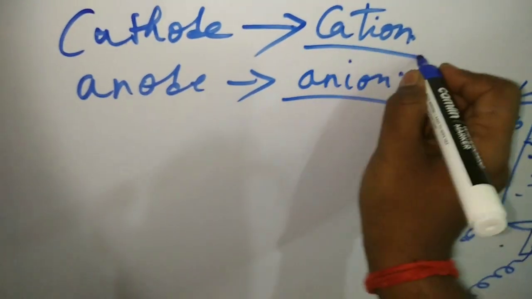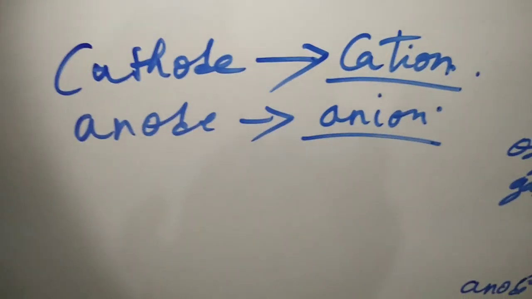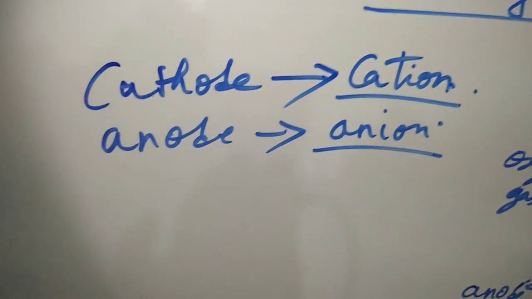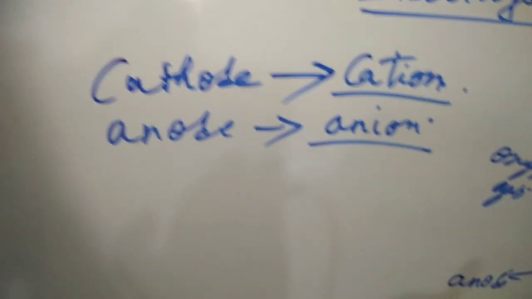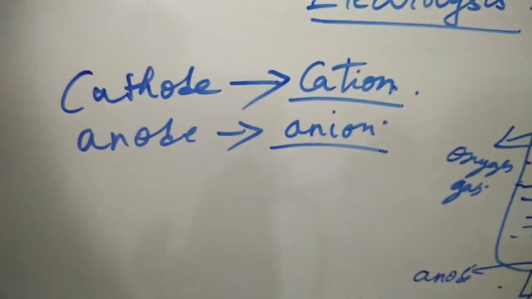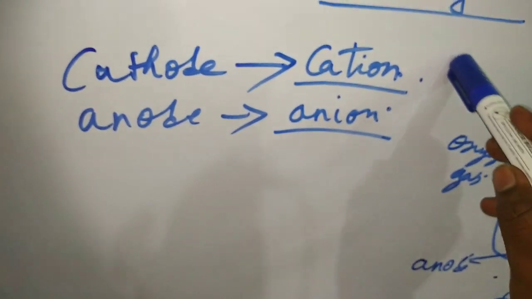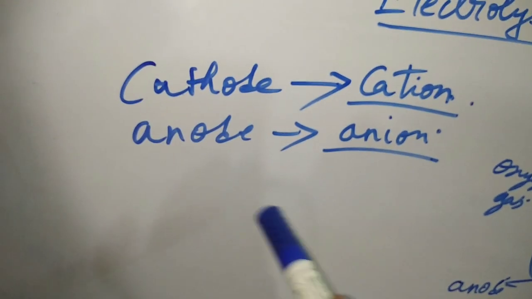Okay, understand students? Don't forget this. If the ionic compound dissociates into ions becoming cation and anion, the cation reaction will be carried out in the cathode, and the anion reaction will be carried out in the anode.